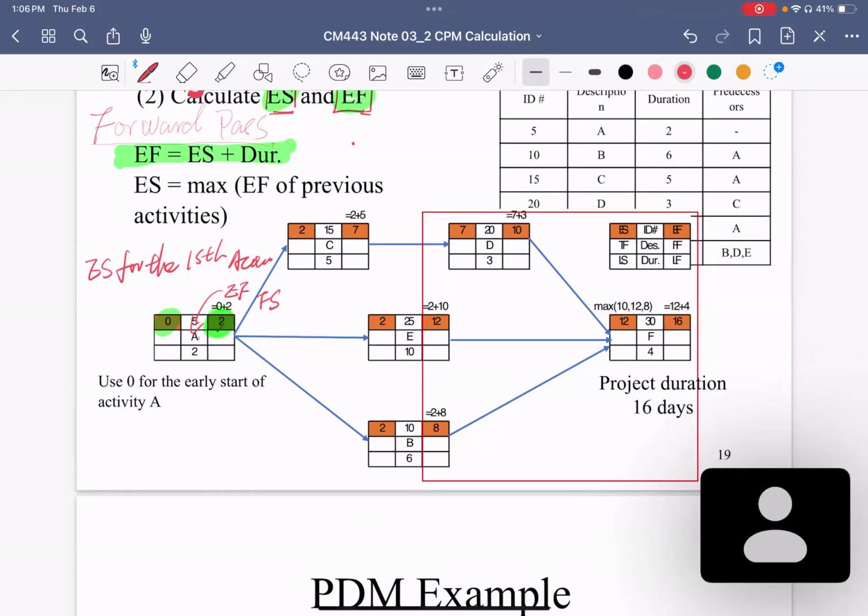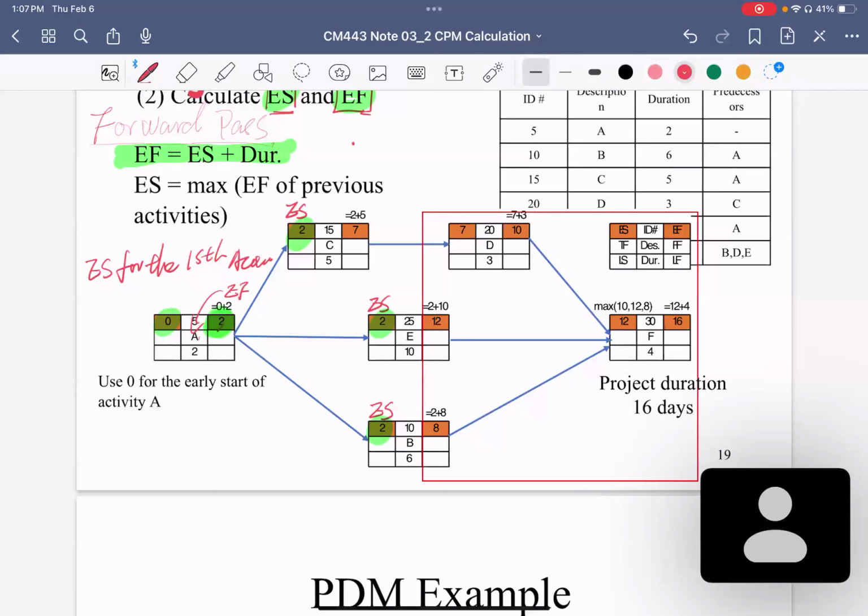Since finish to start is the basic relation, we don't need to write it down. But we know the early finish time of A should be the early start time of C, and also of E and B. So you can see here, here, and here, those 3 numbers are all 2.